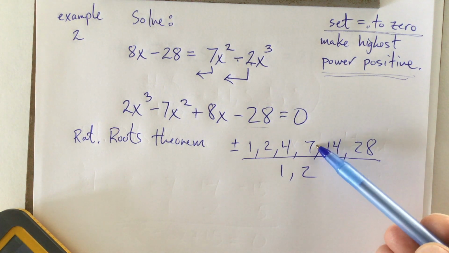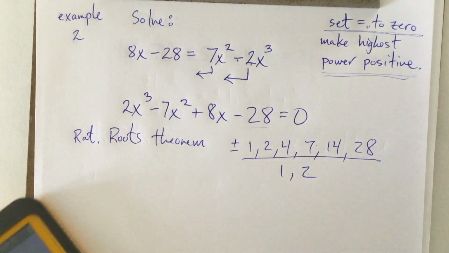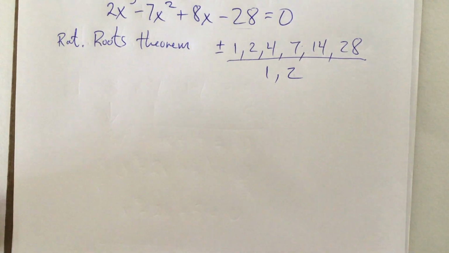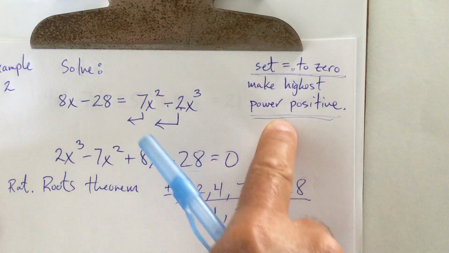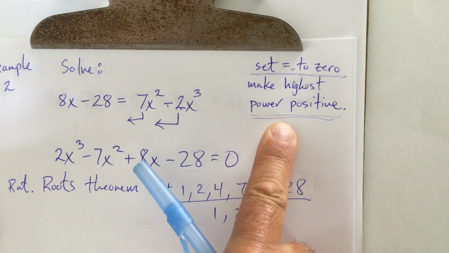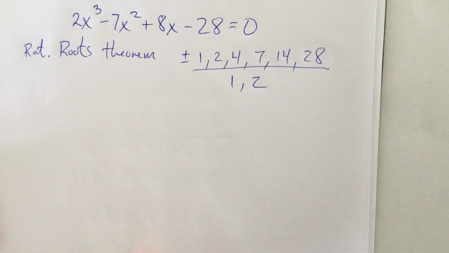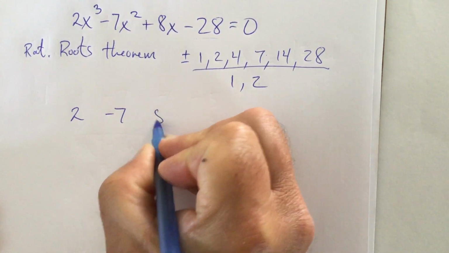Do you see it? 7/2. So I am now going to say unto myself, I have already set it equal to 0 and made the highest powered thing positive all in one shot. Good for me. Now I need to solve this thing using synthetic division.